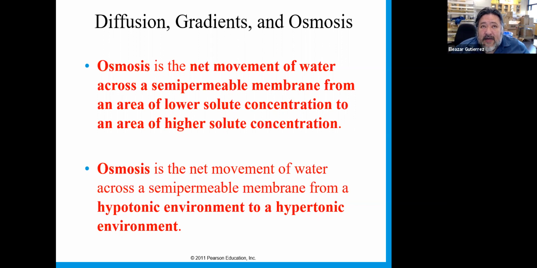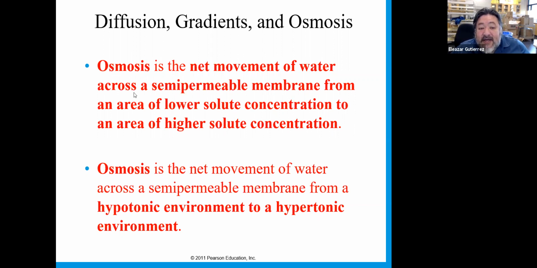So if the water concentration is high, that means that the solute concentration is low. If the water concentration is low, that means that the solute concentration is high, okay? So if I was to say that osmosis is a net movement of water across a semipermeable membrane from an area of high concentration of water to low concentration of water, I would be correct.